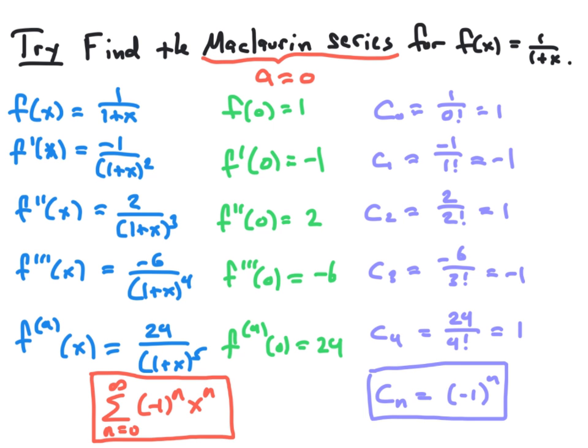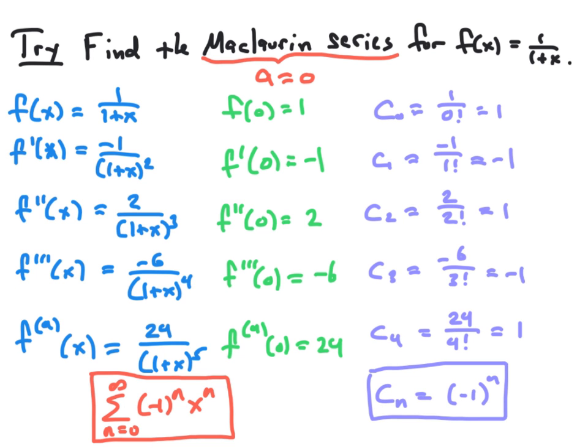We're given that f of x is equal to 1 over 1 plus x, and we find the first four derivatives of this function. F prime of x is negative 1 over 1 plus x quantity squared. F double prime of x is 2 over 1 plus x quantity cubed. F triple prime of x will be negative 6 over 1 plus x quantity to the fourth.